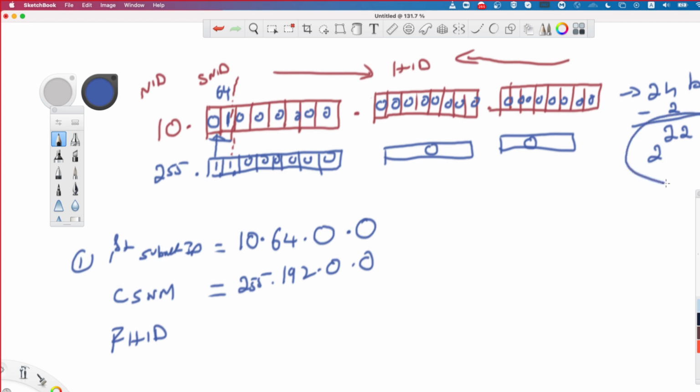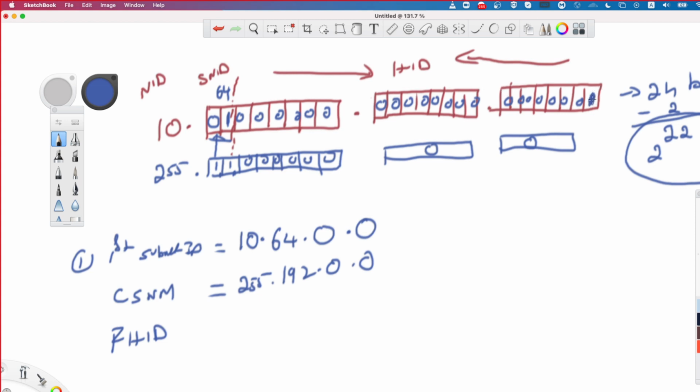In these 2 to the power of 22 host IDs, what is the first host ID of the first subnet? How do you find it? Go for the first combination in the host ID portion. In the host ID portion, you have to go for all zeros and keep the last bit as 1.